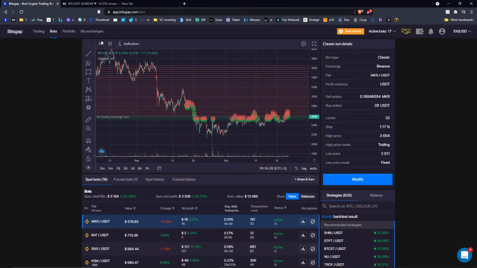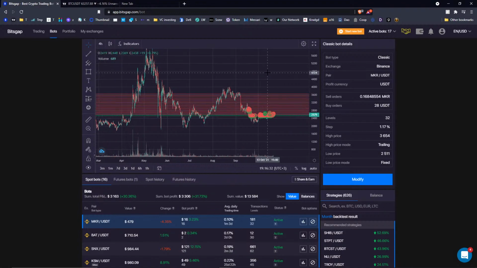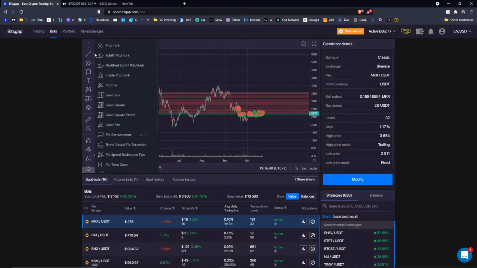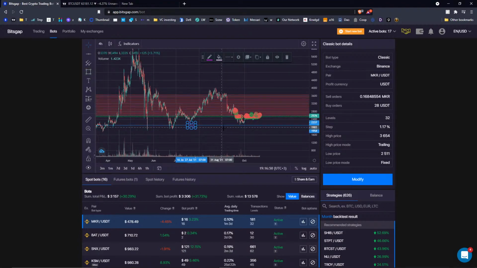And if I still believe in the value of MKR, then it makes sense to launch the bot, but with better settings. Maybe setting my lower price down to, well, I would say around this area. It would make sense, because I look at the previous price formations, which was over here, so I know that the support line is around this price, 2100.